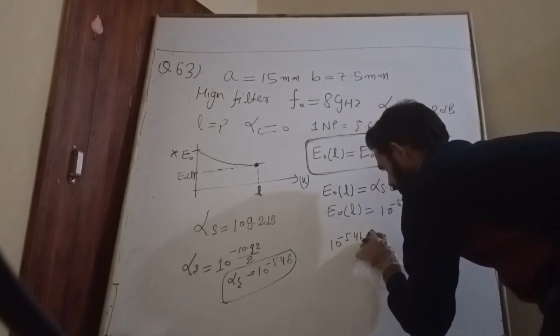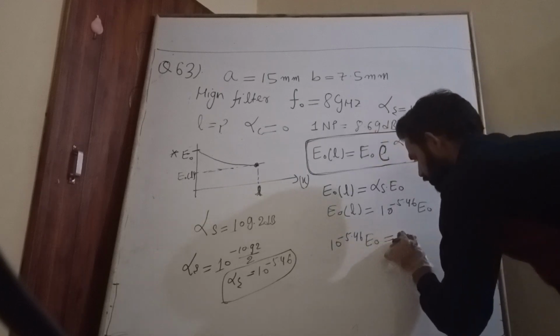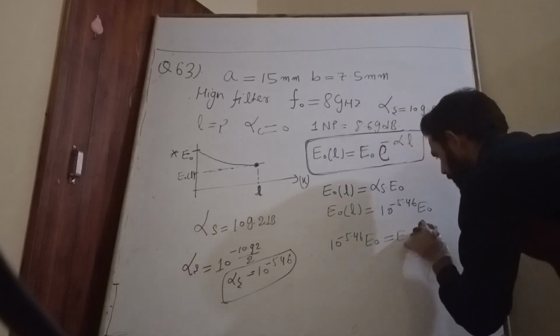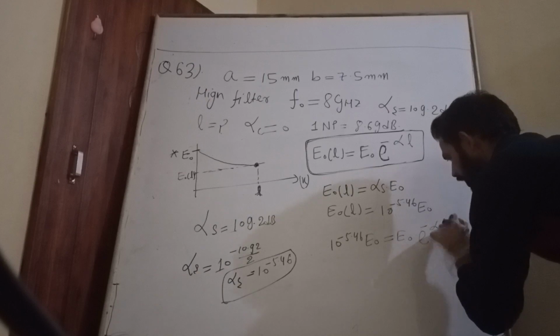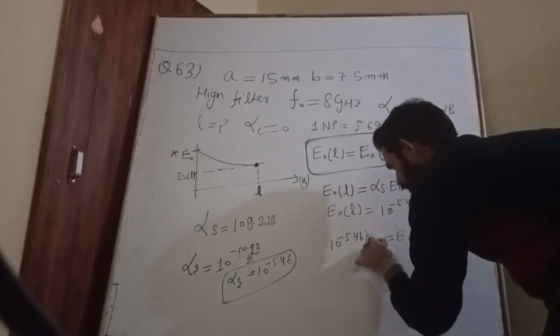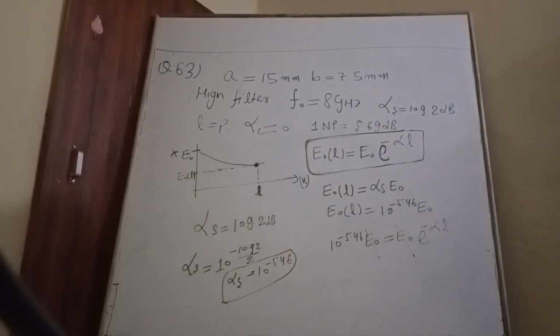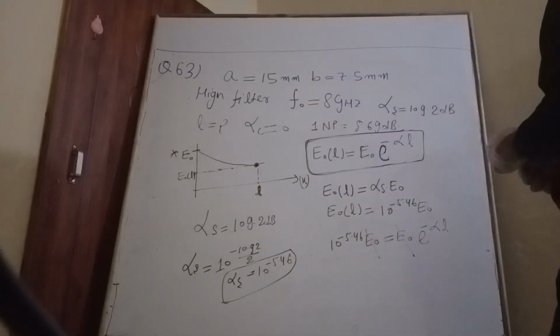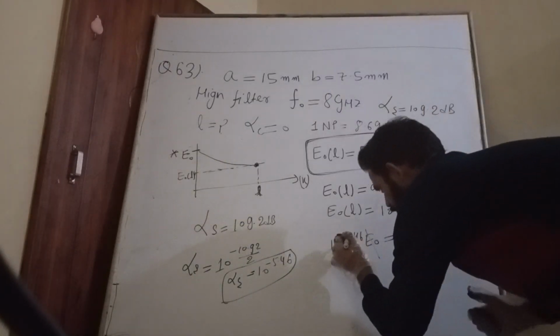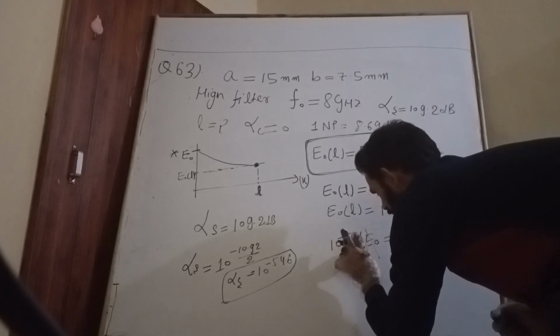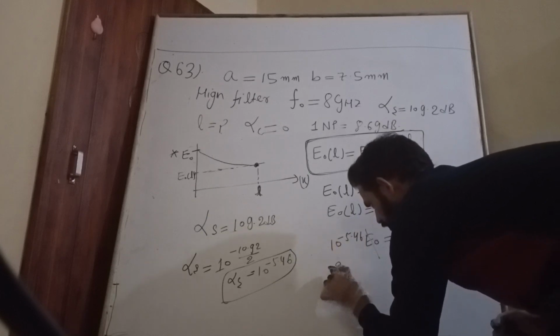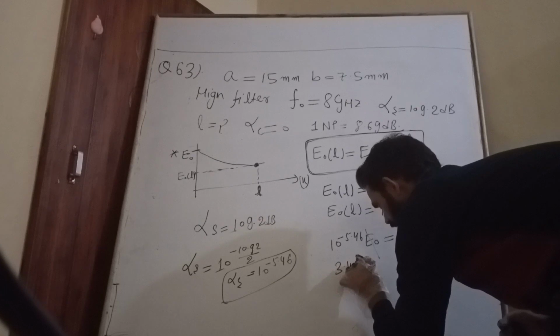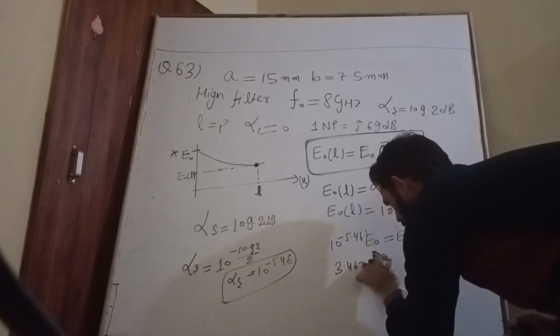So 10 to the power minus 5.46 E naught is equal to E naught e to the power minus alpha L. E naught gets cancelled out. So now 10 to the power minus 5.46 is nothing but 3.467 into 10 to the power minus 6.